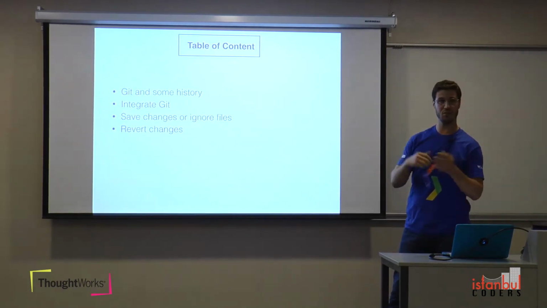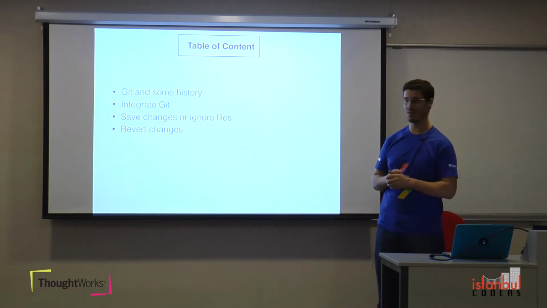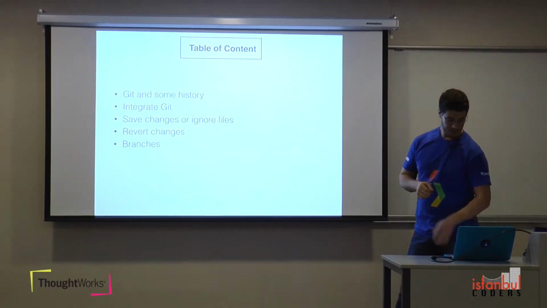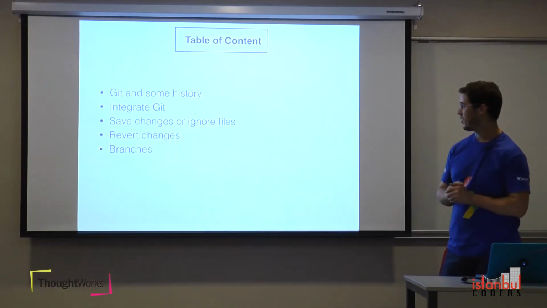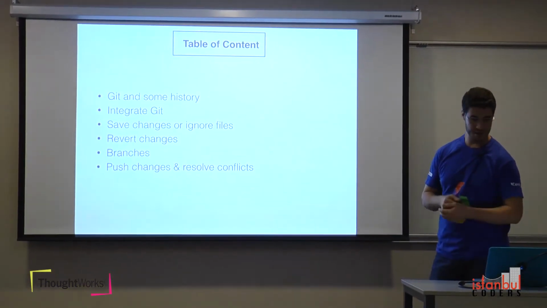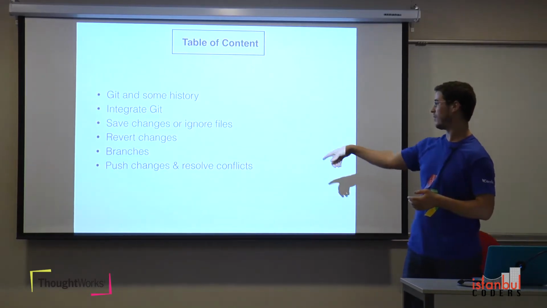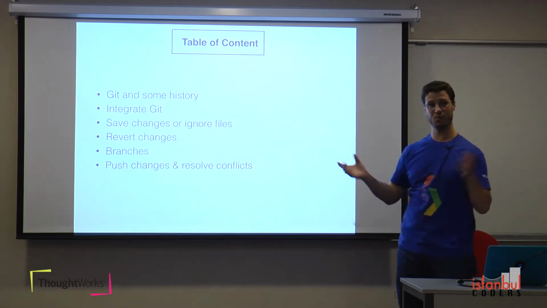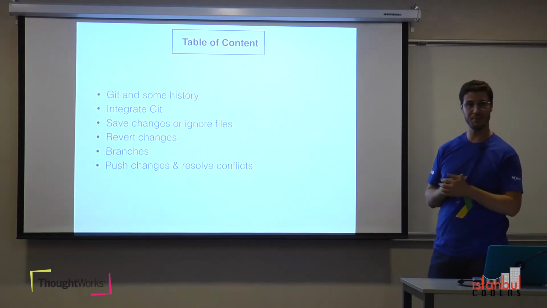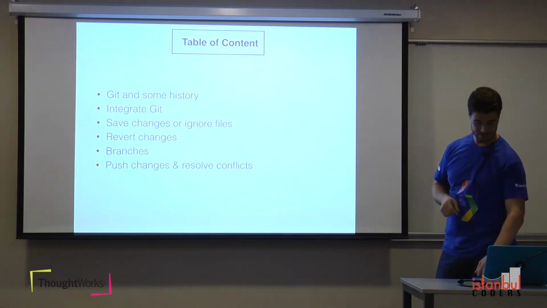You have some changes and you want to revert them back, or you want to cancel the changes. Then the branches, when do we need to use branches, etc. Then pushing changes and resolving conflicts. There are conflicts to resolve sometimes when you get problems when you try to merge PRs, etc. We will get to it.